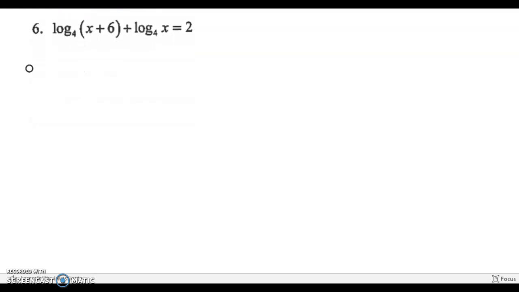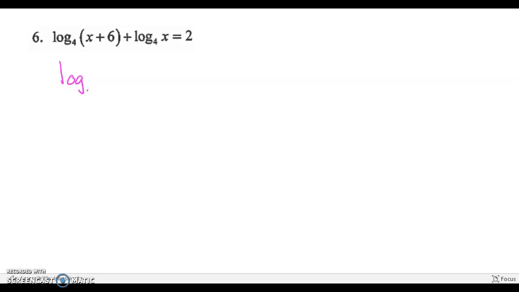In this problem, we only have log on one side of the equal sign. So we're going to condense on the left side of the equal sign. So we have log base 4 of x times x plus 6, because adding and multiplying, we associate adding with multiplying.